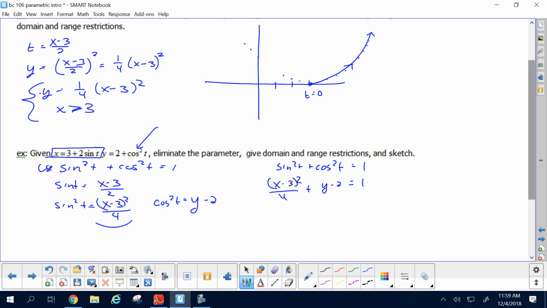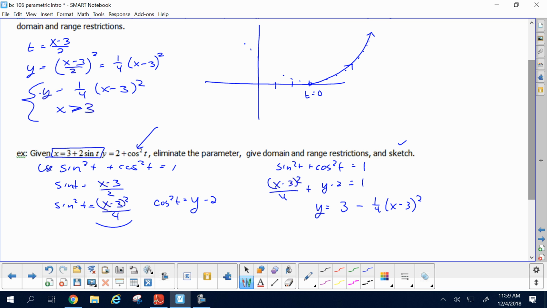Now that requires a little bit of thought and sketch. Now, before I sketch this, I think I'm going to tweak this a little. Wouldn't this be something like, if I add the 2 over, I'd have y equals 3 minus 1/4 of (x minus 3) squared if I isolated y?